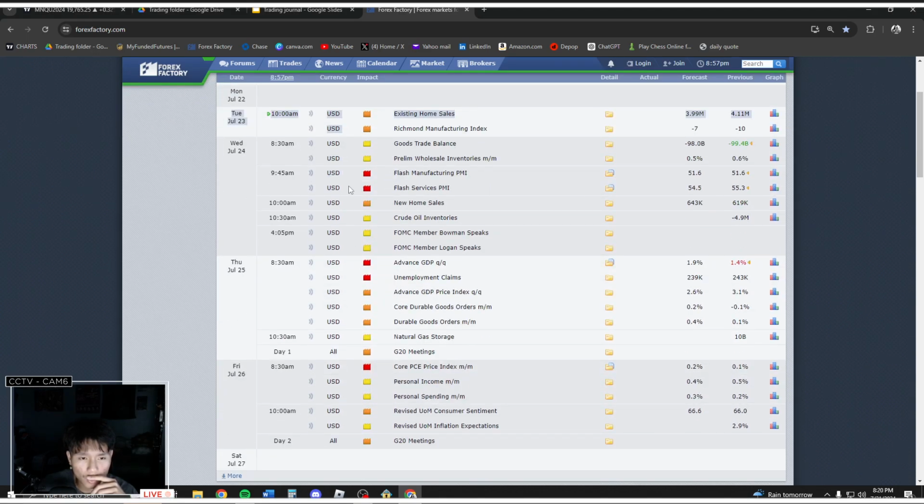We also have red folder news on Thursday, advanced GDP and unemployment claims, and core PCE price index on Friday, and they both occur at 8:30 a.m. Eastern time.